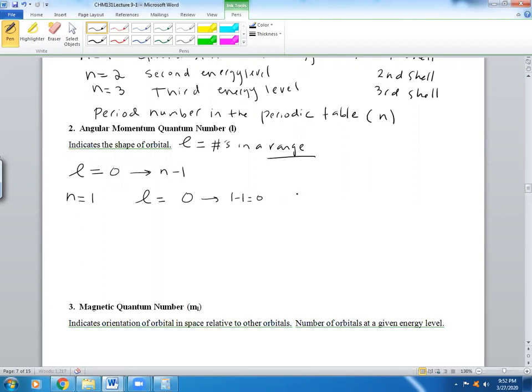So L can only be 0. So again, from 0 to 0, and it's 0. Anytime you have 0, since we said the shape, this corresponds to what we call an s orbital.